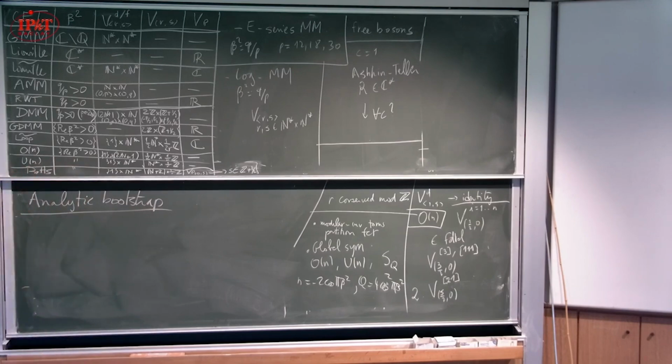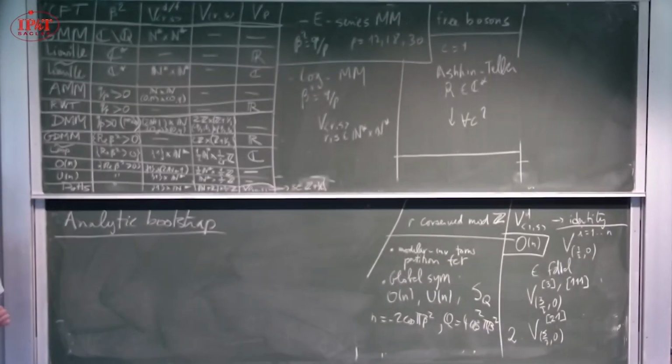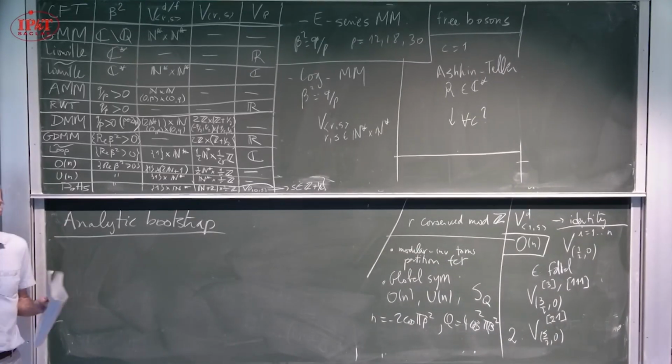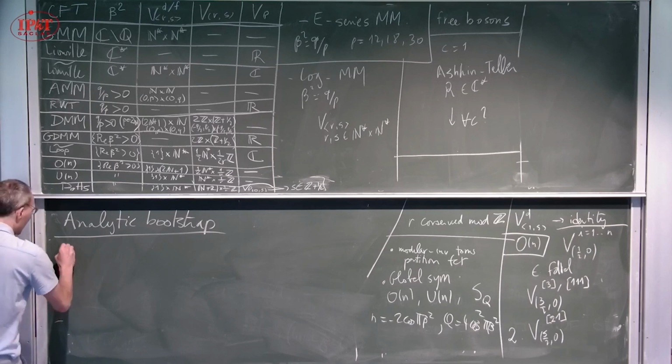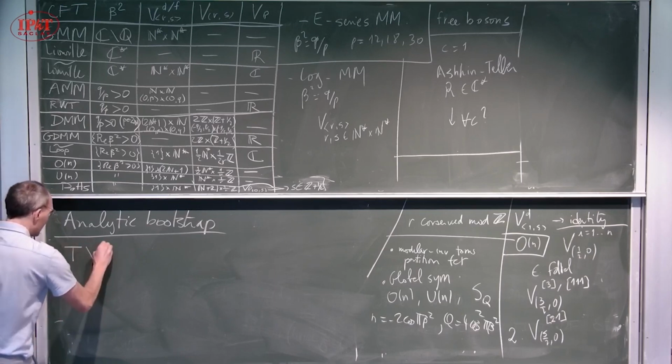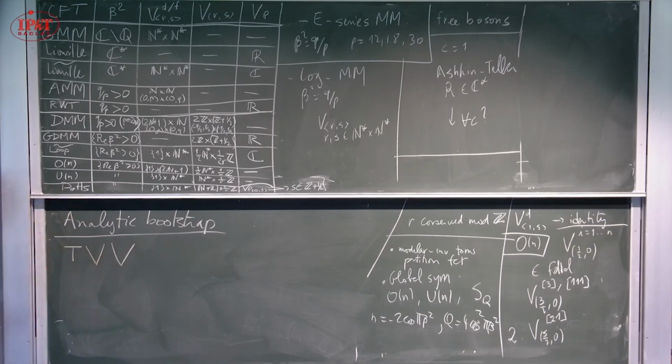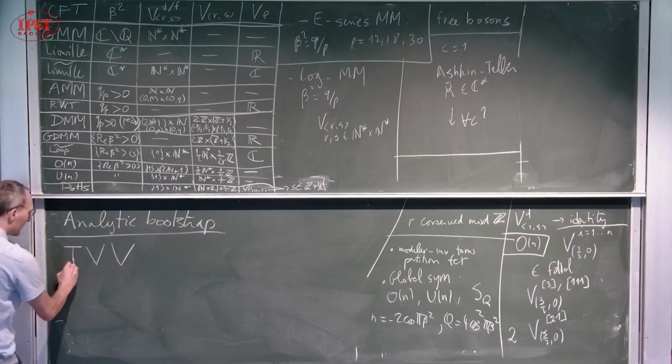We started by looking at the consequences of conformal symmetry. So Ward identities, etc., how these constrain correlation functions, including how this led to decomposition into conformal blocks. And to do that, technically, we considered products of the type T, V, V. So V and V are two primary fields, and T is the energy-momentum tensor. And then, using the associativity of the operator product, we could deduce the Ward identities, basically.